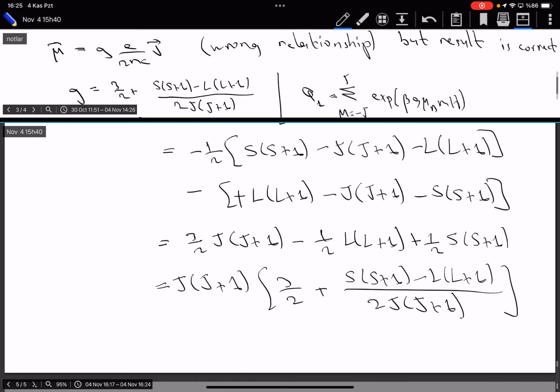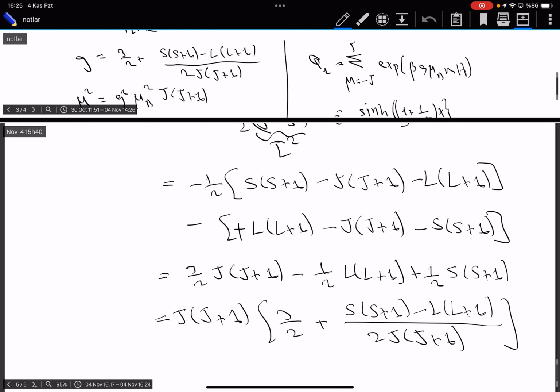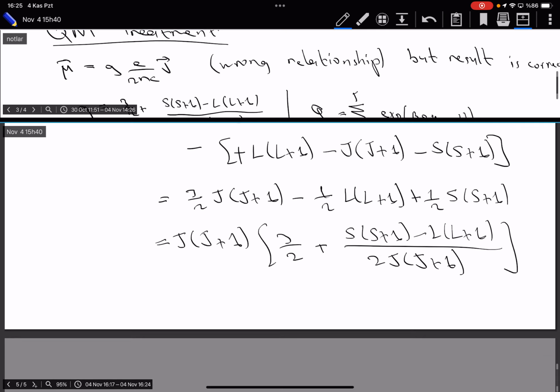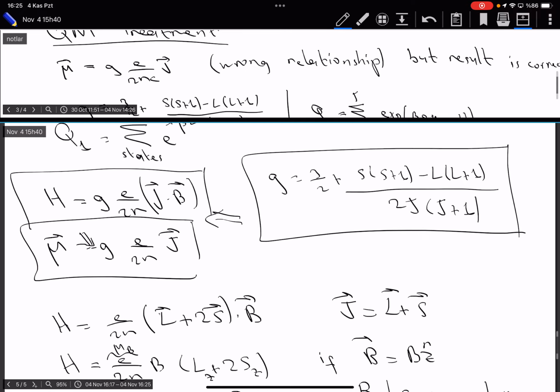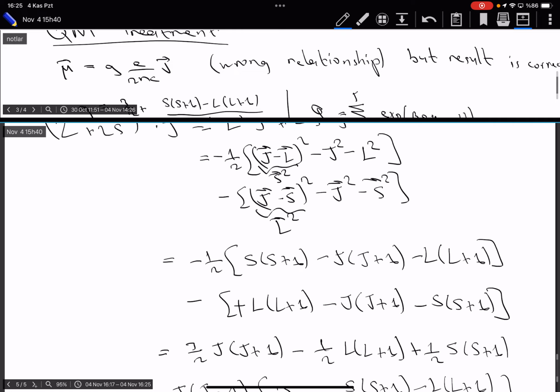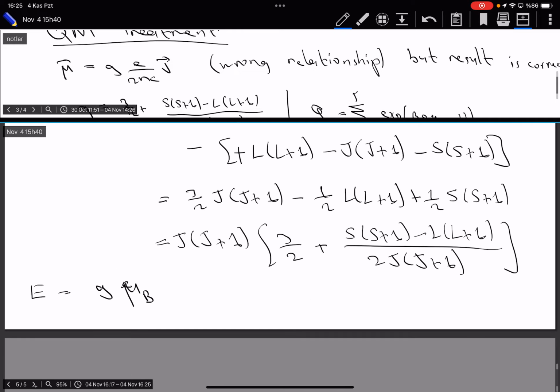So if you look at the energy eigenvalues of the system, the energy eigenvalues are given by g μ_B B J_z. g is this so-called Landé factor.